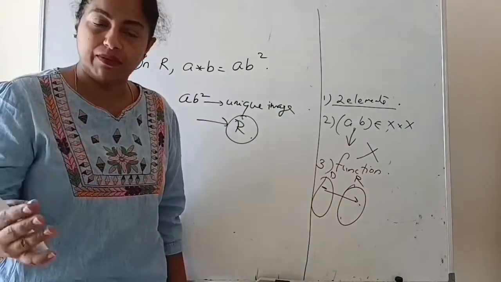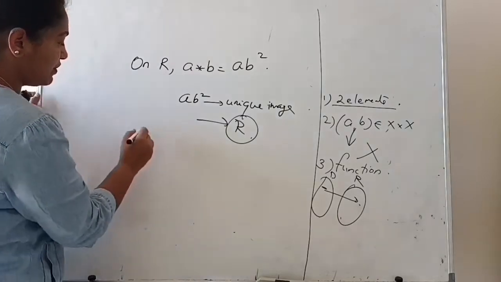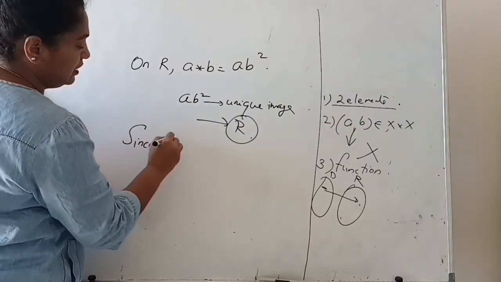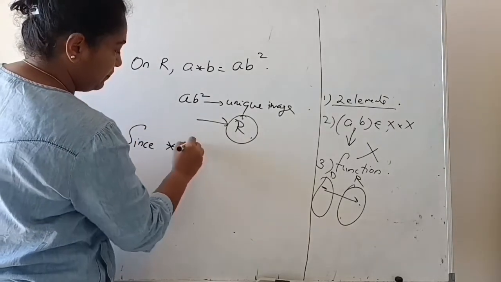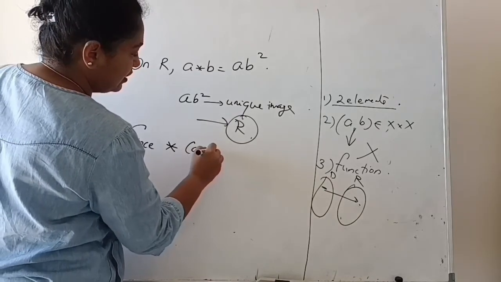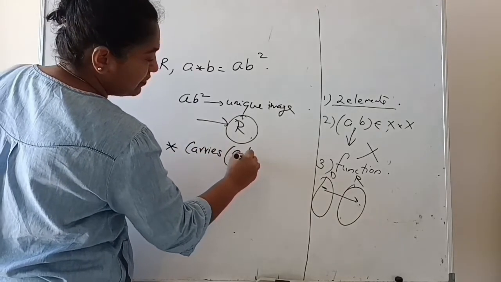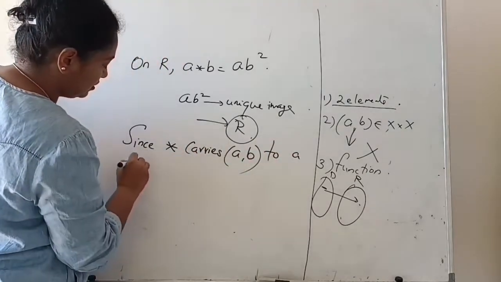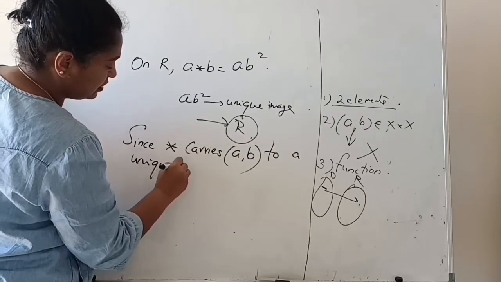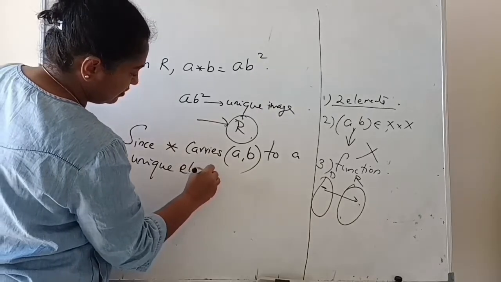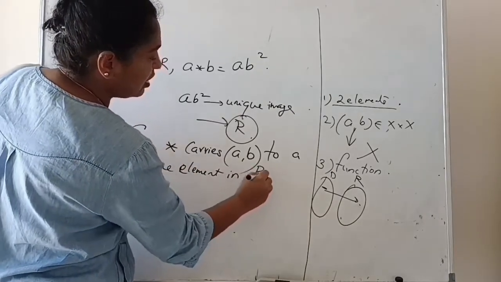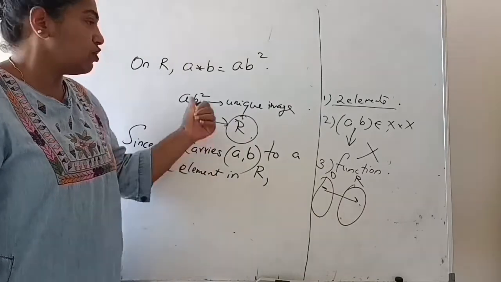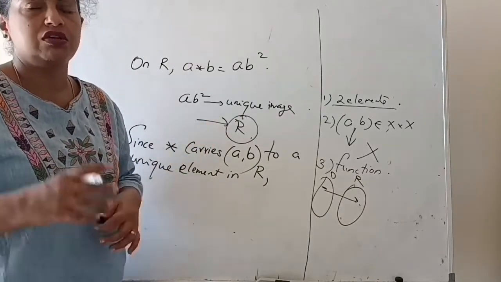So how do you write whether this is a binary operation for your exam? You will write, since the binary operation carries a comma b to a unique element in R, this particular operation is a binary operation.